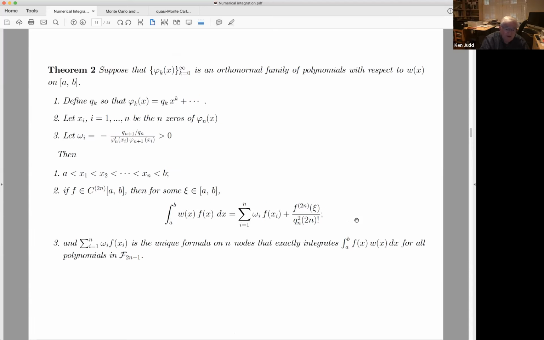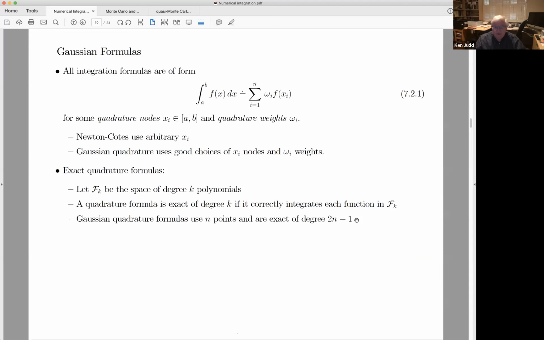Now, okay, this is where I need a blackboard. Here's the idea. Suppose you're trying to integrate a function between -1 and 1, and suppose the function is a sum of monomials. Let's say it's a degree 19 polynomial. So there's some constant plus a coefficient times x plus another one times x squared, etc. And you're integrating it between -1 and 1.